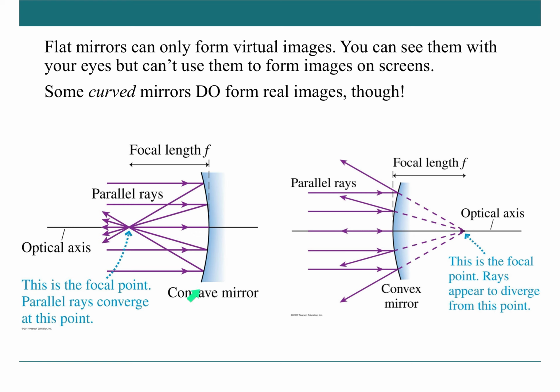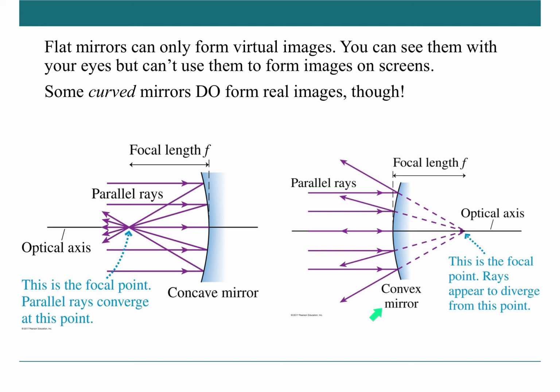A concave mirror, for instance, is one that has a radius of curvature that points towards an object that we are trying to image. A concave mirror you can think about as looking like the opening of a cave to some object whose image we're trying to reproduce.